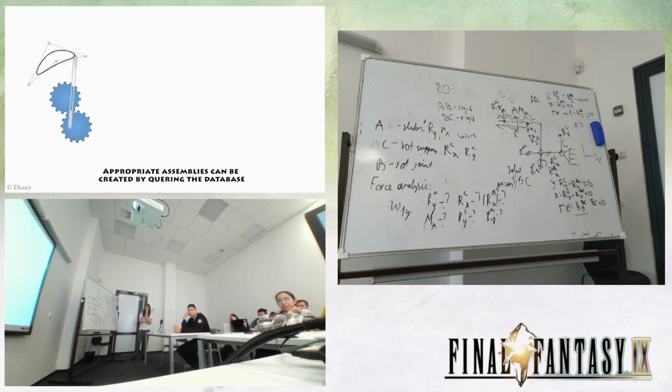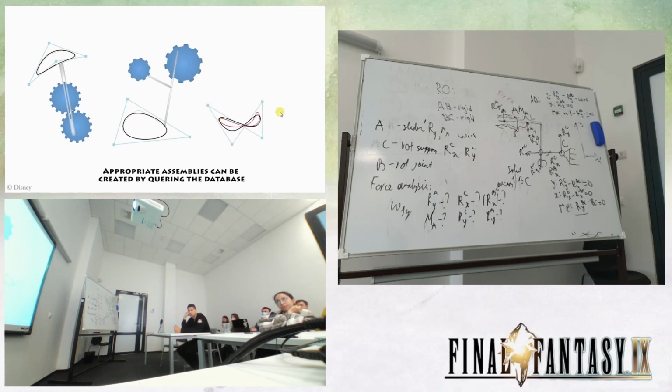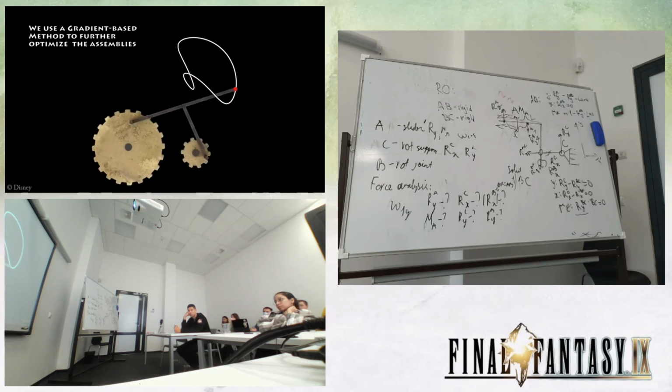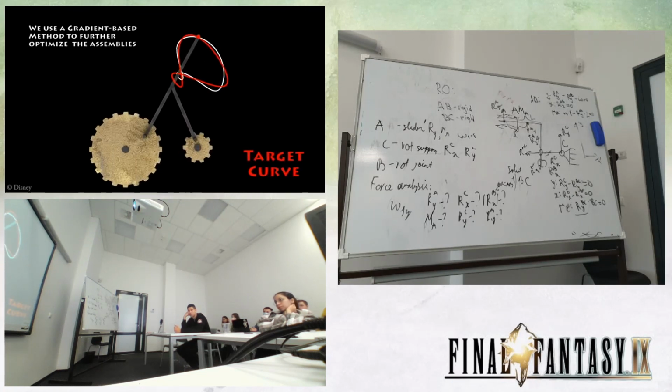We discussed with Mo that this could be a thesis for somebody, because it's about optimization. As you can see, they put a surface, and you have a curve that you need to present with a mechanism.